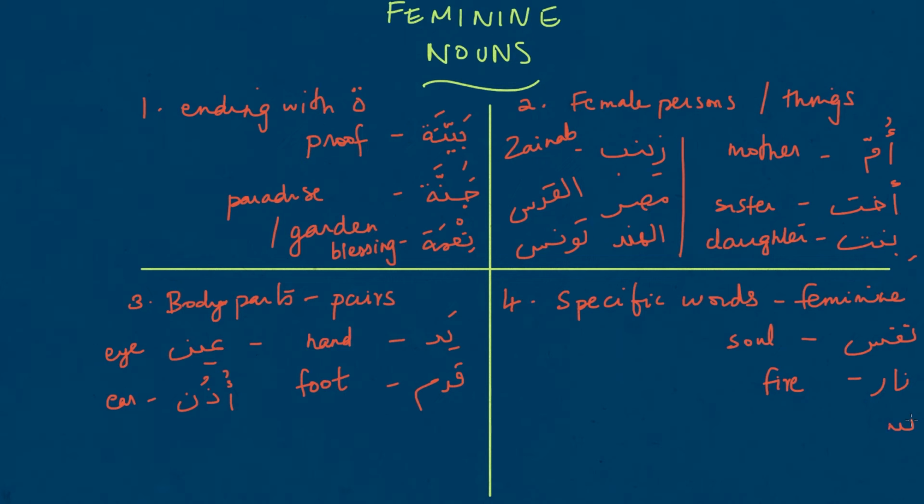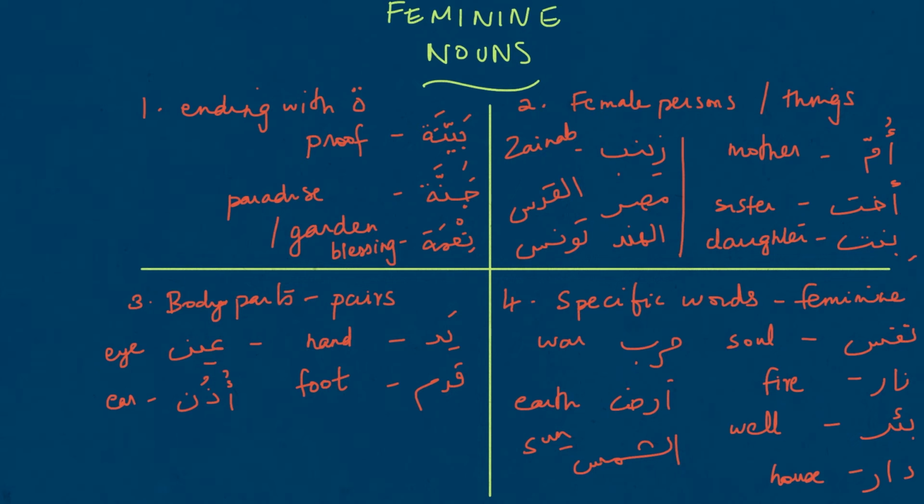We have bi'r, a water well. Dar, house. Harb, war. Ard, earth. Ash-shams, sun, and a few others. These are always treated as feminine, and through practice you can recognize them and remember that they are feminine.